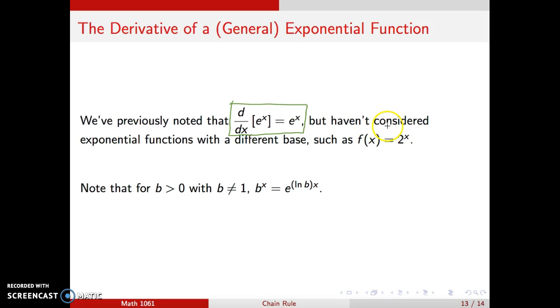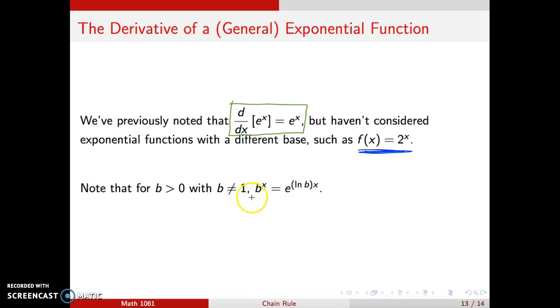Something like f of x equals 2 to the x, perfectly reasonable. One thing I'm going to note is that with b being positive and not equal to 1, because that's what we're assuming when we're looking at these exponential functions, it needs to be positive, and if it's 1, it's just a constant function, kind of boring.